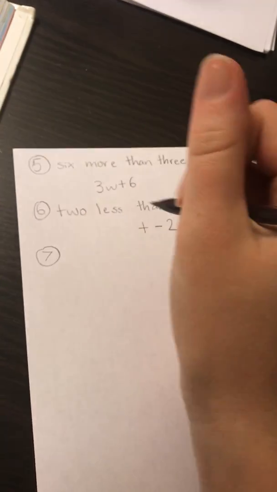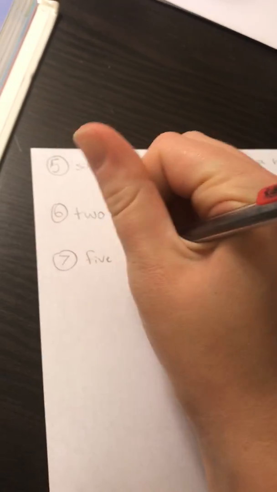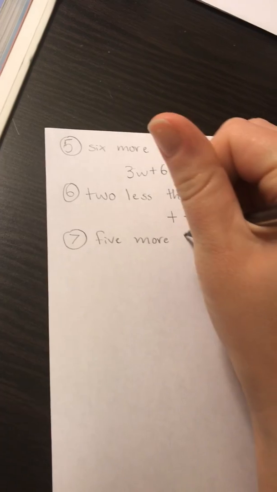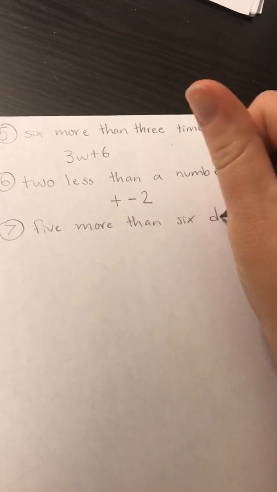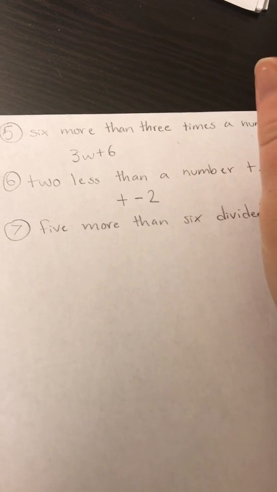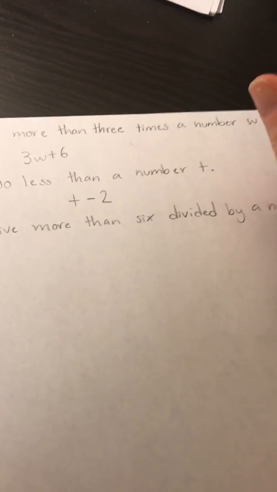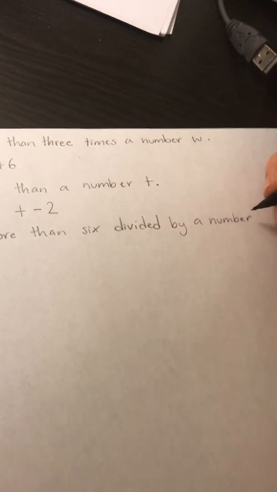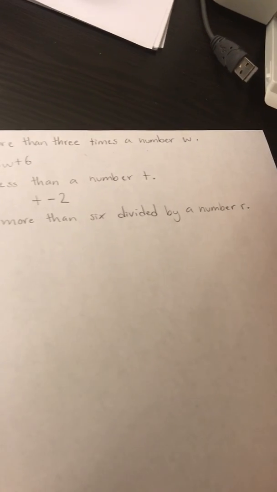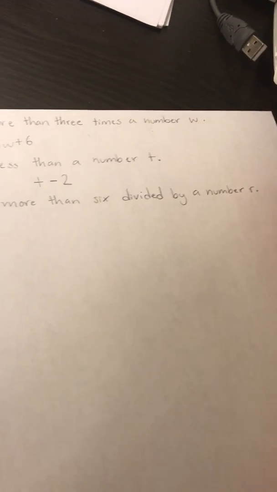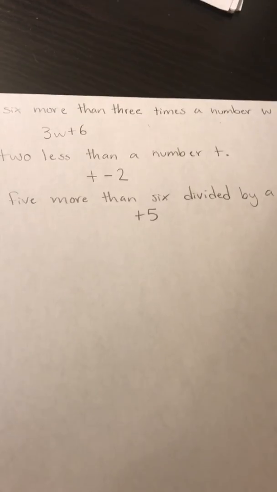This time, number 7 says 5 more than 6 divided by a number R. So 5 more than 6 divided by a number R. So I know 5 more, so I'm going to do my plus 5.